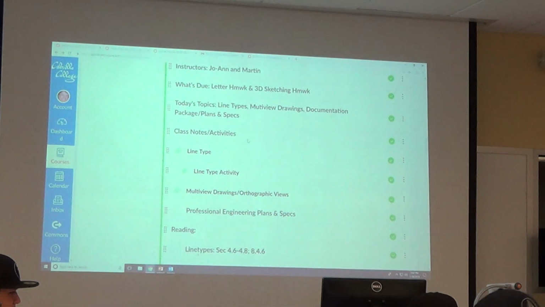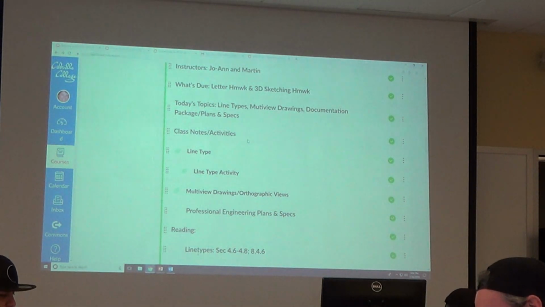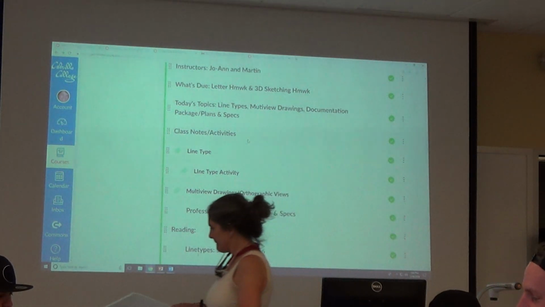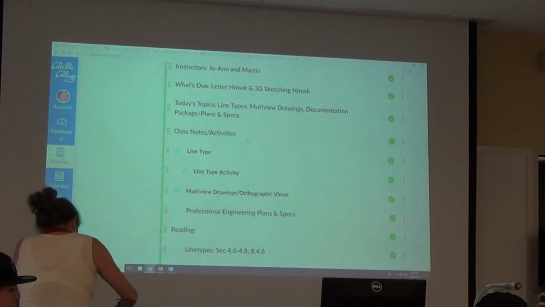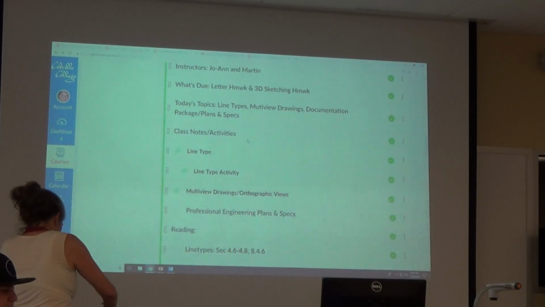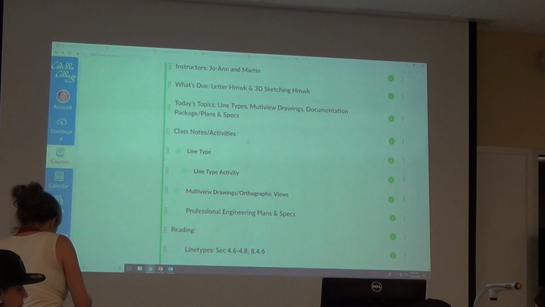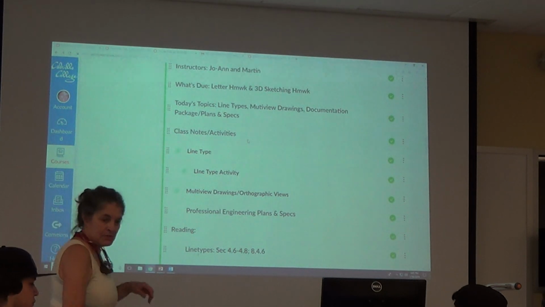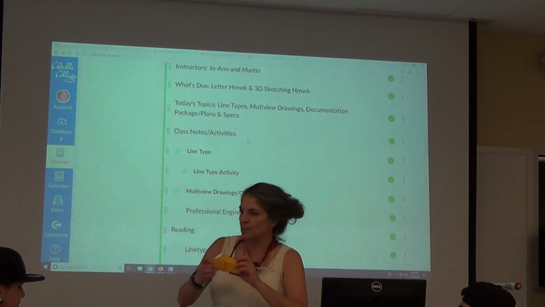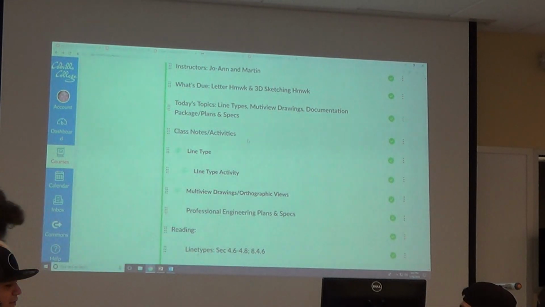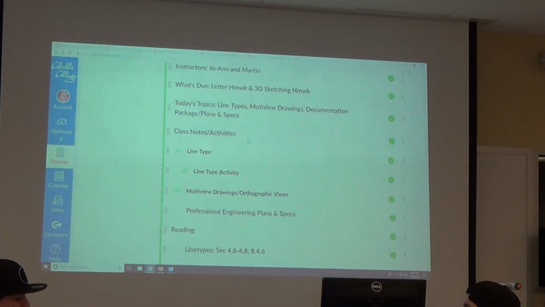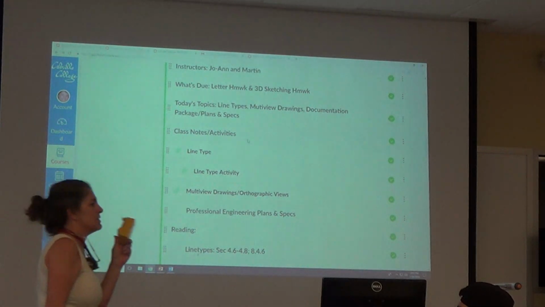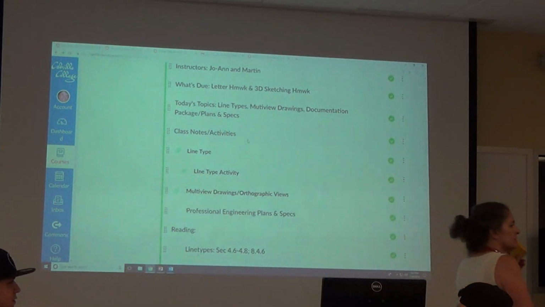Everybody has one? I'll use the yellow one just because it's bigger and people can see it. So what you want to first do is, well, how many sides are on a three-dimensional object? 6 sides.